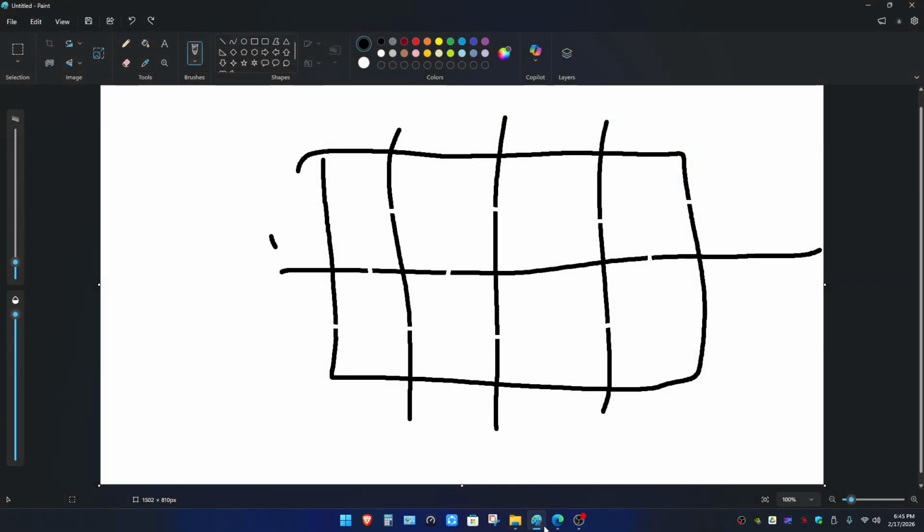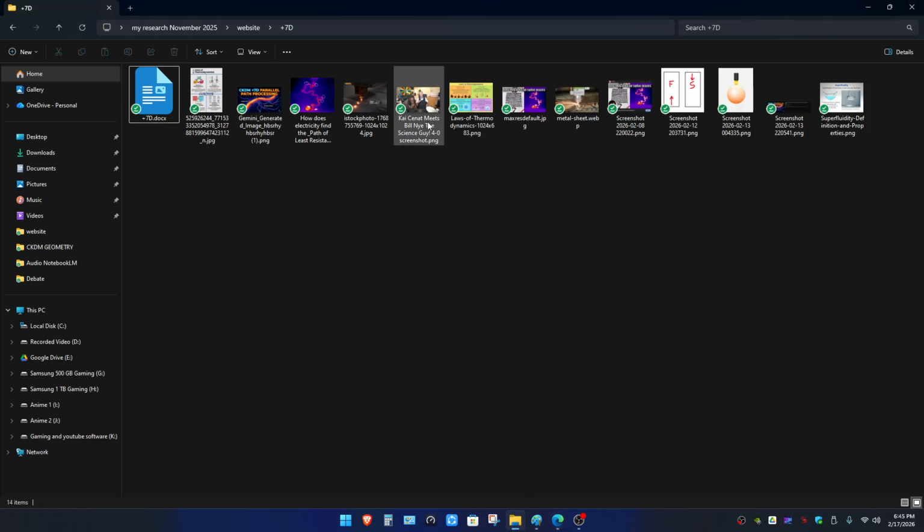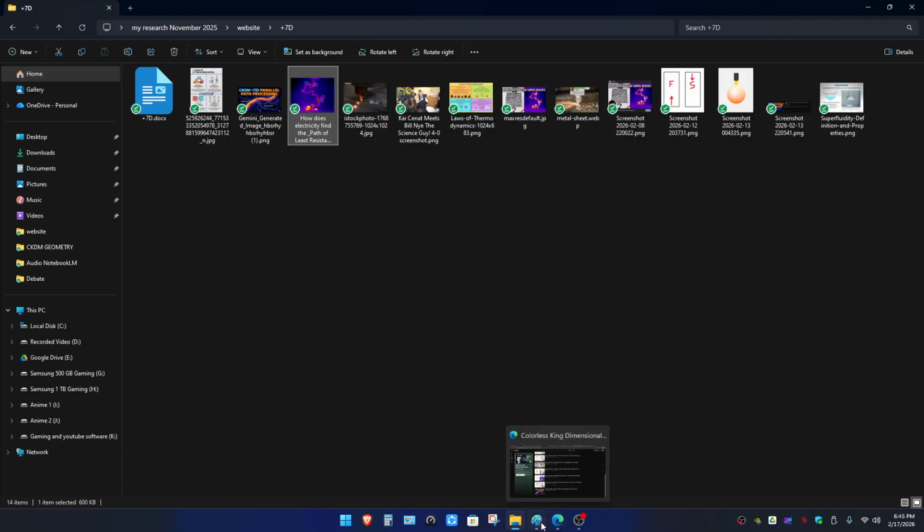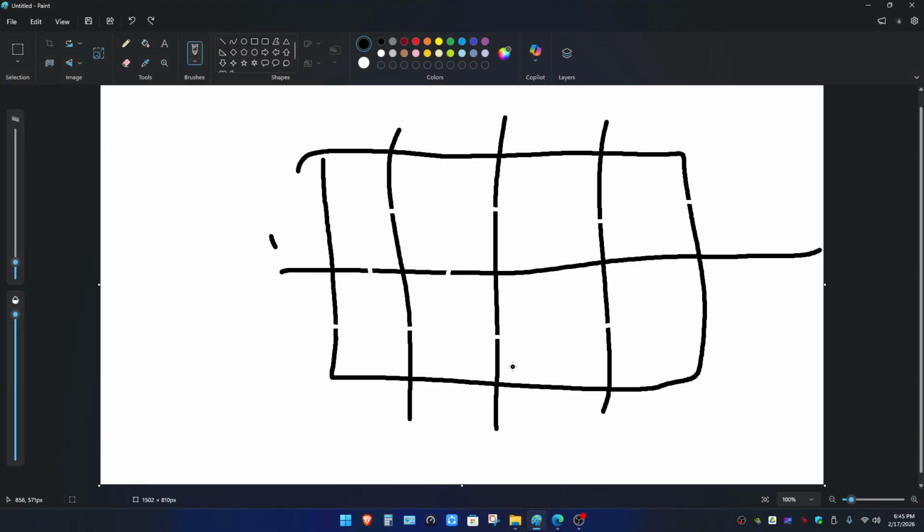Because if I do not show you this image, you will think that the electron follows the path of least resistance. No, they see every path and see in which path the electron is able to go easily, and that is the place where we can see the maximum brightness. Okay, so this is the exact thing. This is what an indication is. Let's say this is a mark, and the electron is following.